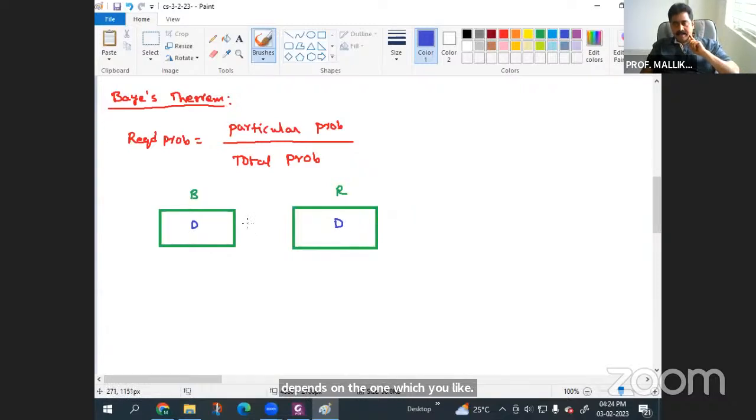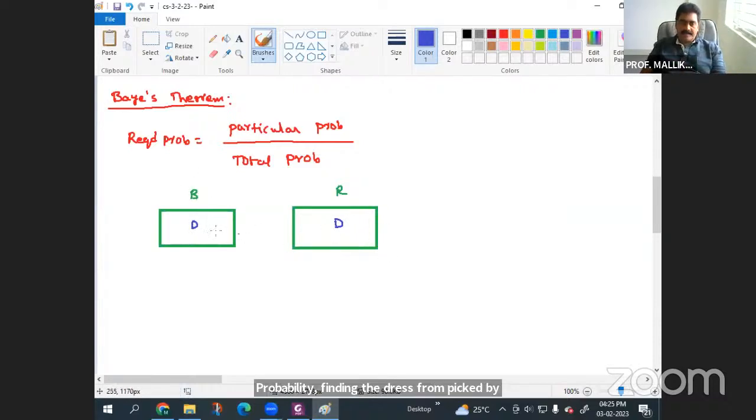Suppose the question is asked, what is it that they will particularly mention? What is the probability of buying the dress from Big Bazaar?